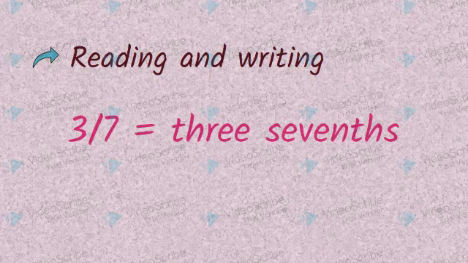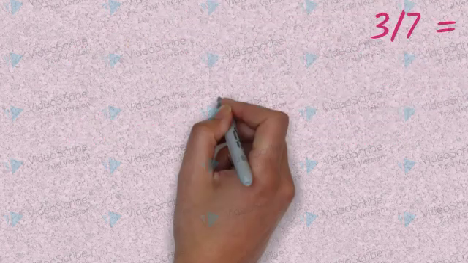Do you remember order numbers? We studied them before in primary 1: first, second, third, fourth, fifth, seventh, and so on. Remember this well. So we write the fraction as 3 over 7: 3 as a normal number and 7 as an order number. As we read it, we write it by letters.